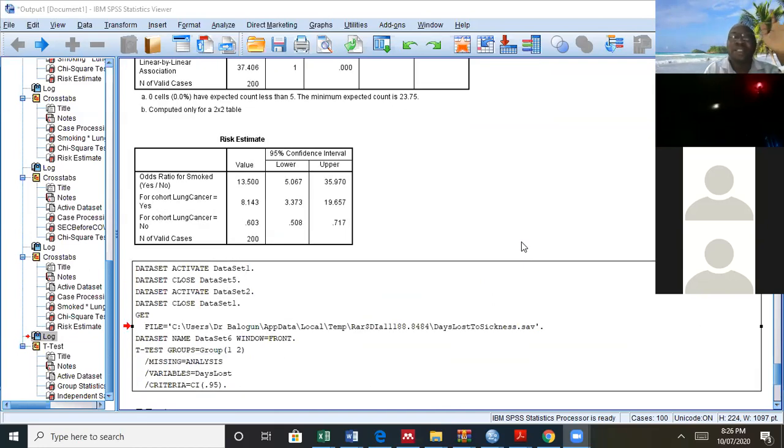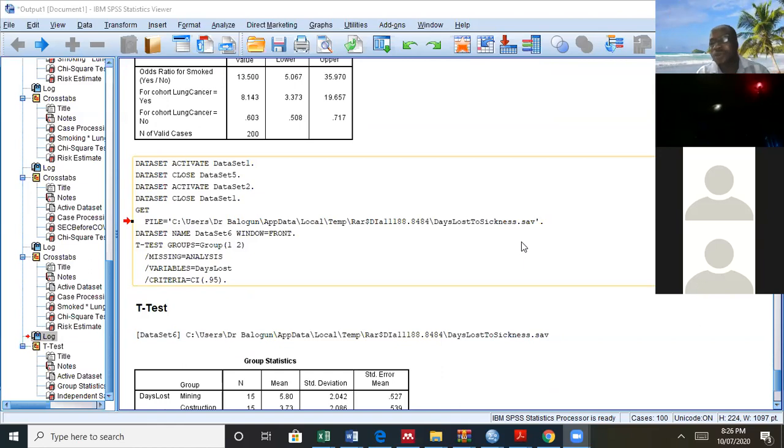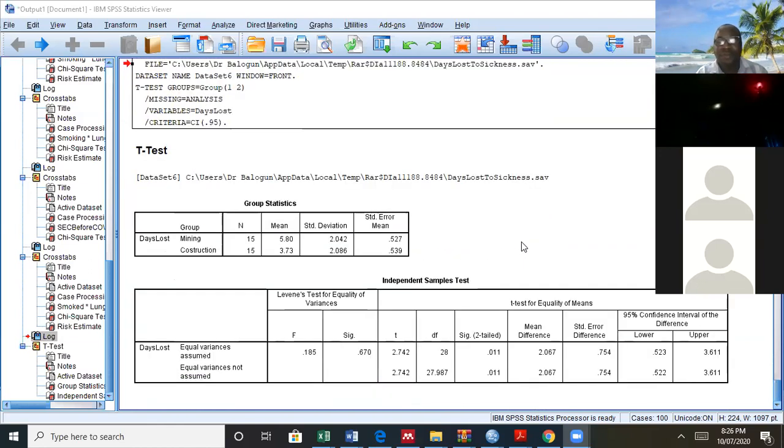That's okay. So maybe we should leave the paired test to tomorrow. The paired test before we proceed to all those other things. Any question? We'll do that tomorrow.